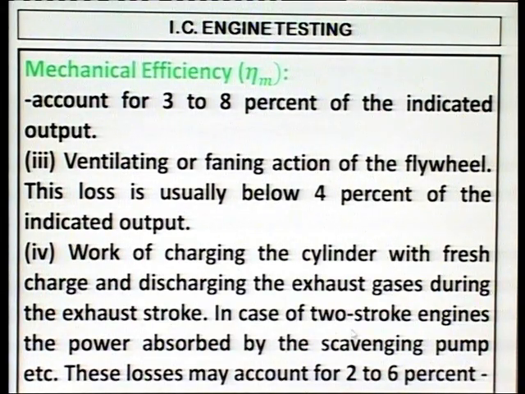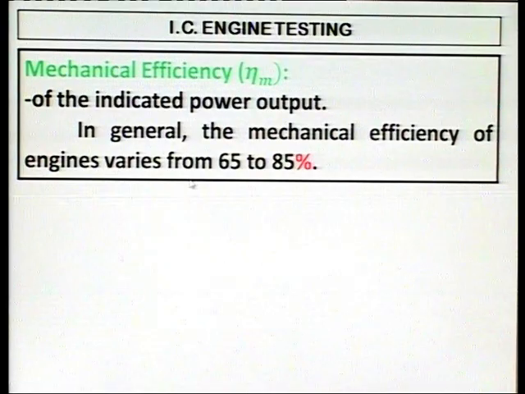In case of two-stroke engines, the power absorbed by the scavenging pump etc., these losses may account from 2 to 6% of the indicated power output. In general, the mechanical efficiency of the engine varies from 65 to 80%.